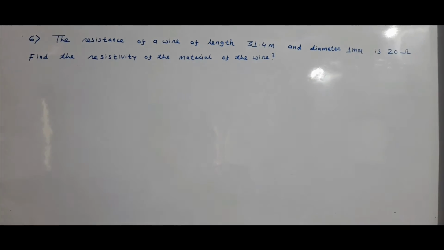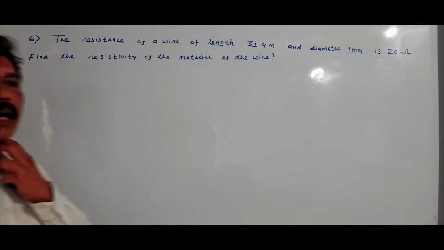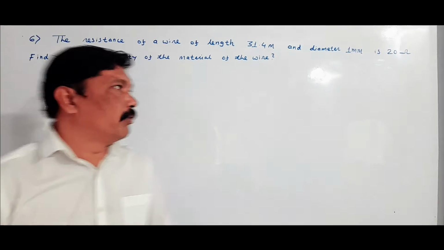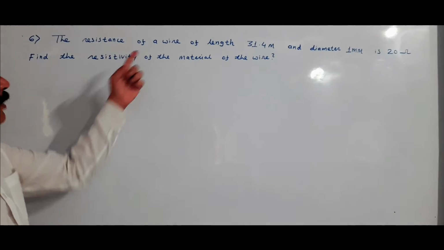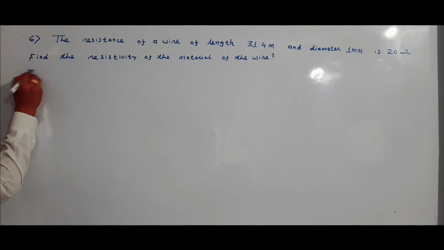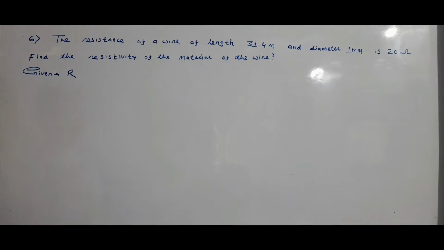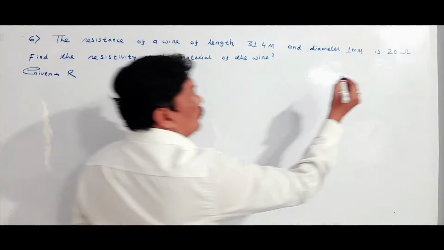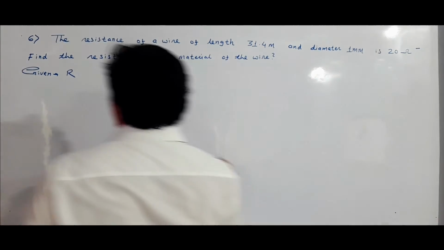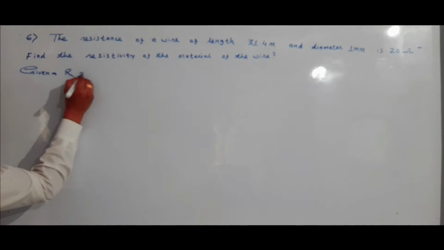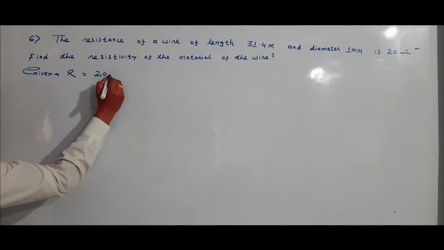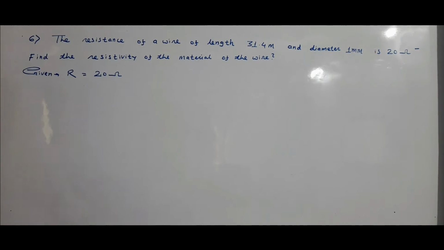Let's have brainstorming over the problem first. The resistance R of a wire is 20 ohms.